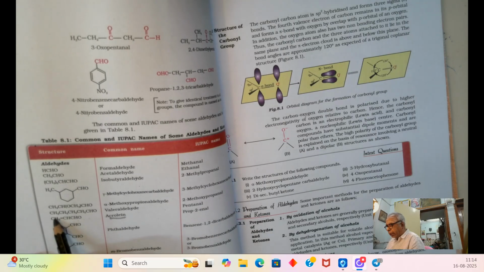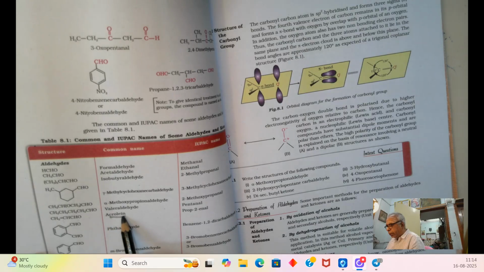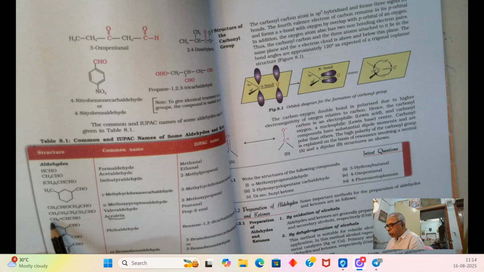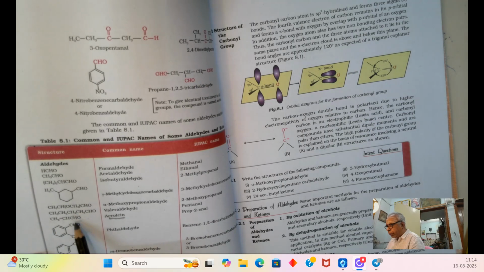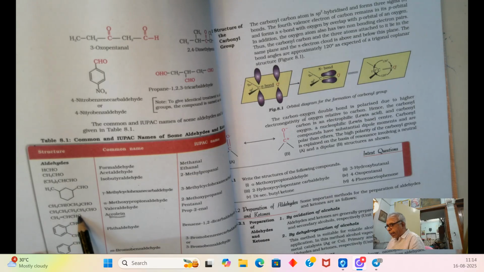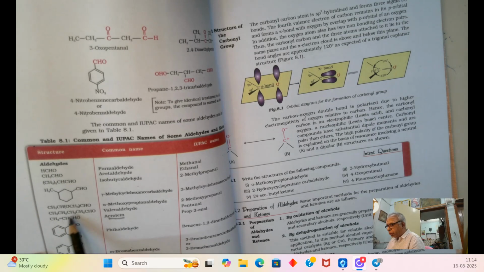This is nothing but acrylaldehyde, and it is also called acrolein. IUPAC wise 1, 2, 3. There are three carbon atoms, and based on that, you can call it prop. And the function group is anal, but there is a double bond, so enal. So prop-2-enal.